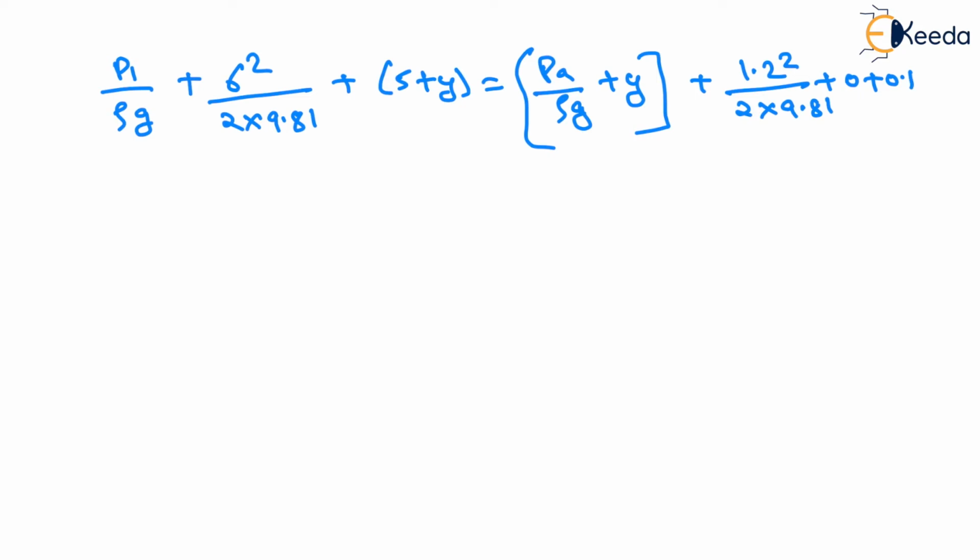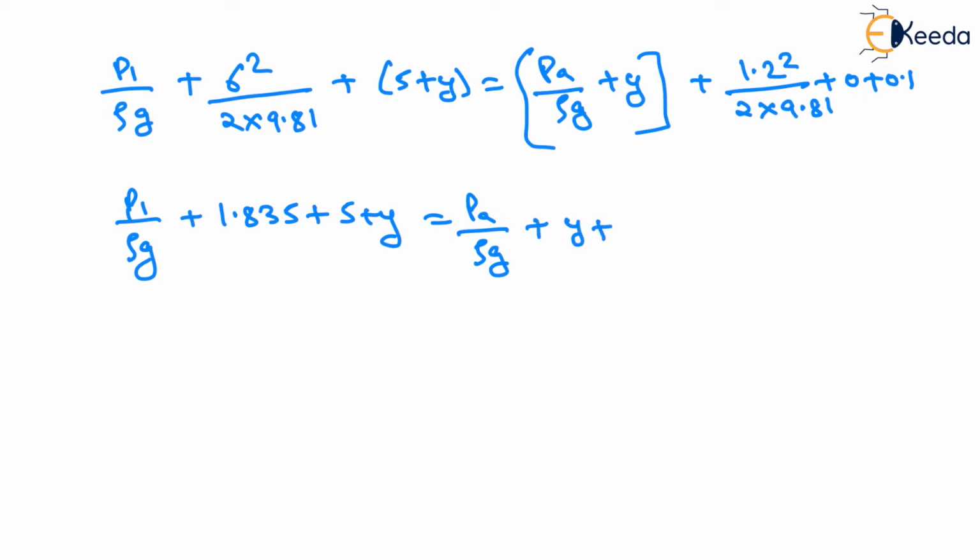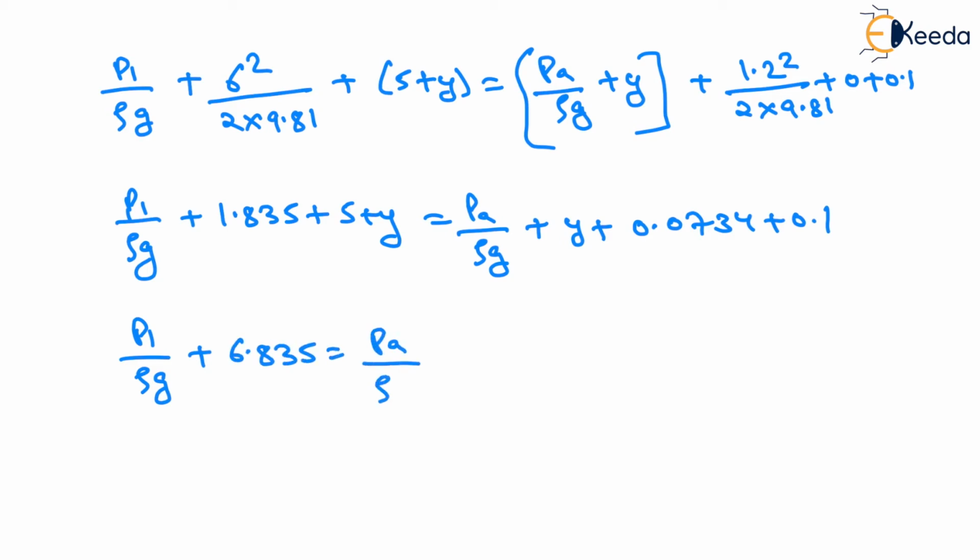On solving this, we will get P1 upon rho g plus 1.835 plus 5 plus y will be equal to PA upon rho g plus y plus 0.0734 plus 0.1. On rearranging this, we will get P1 upon rho g plus 6.835 will be equal to PA upon rho g plus 0.1734.